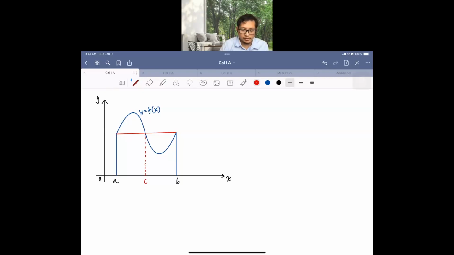If you look clearly at this curve, because it is really symmetric, we could say that this height, the function value at this point c, is equal to the f average.